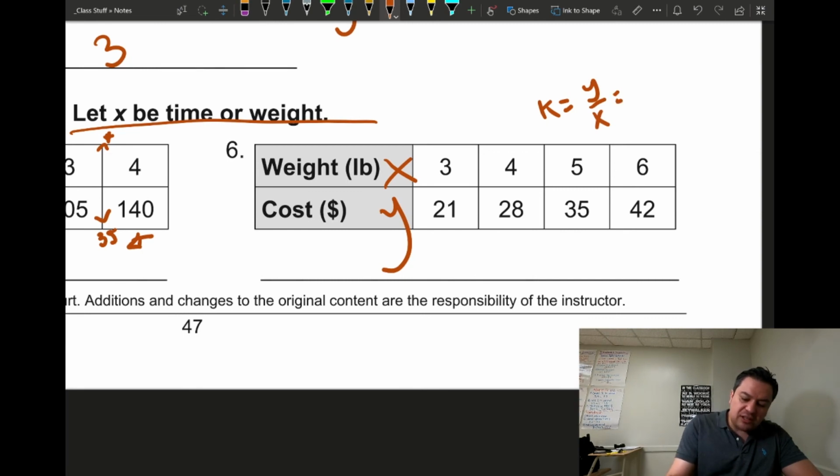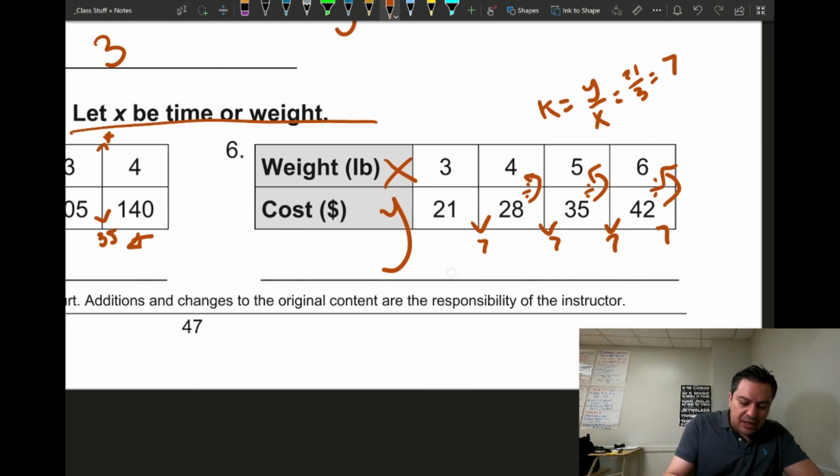So 21 divided by 3 is 7. 28 divided by 4 is also 7. 35 divided by 5 is also 7. Over here it's changing by 7. 42 divided by 6 is also 7.